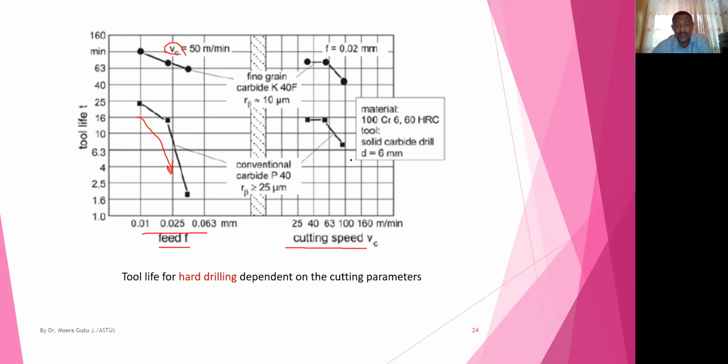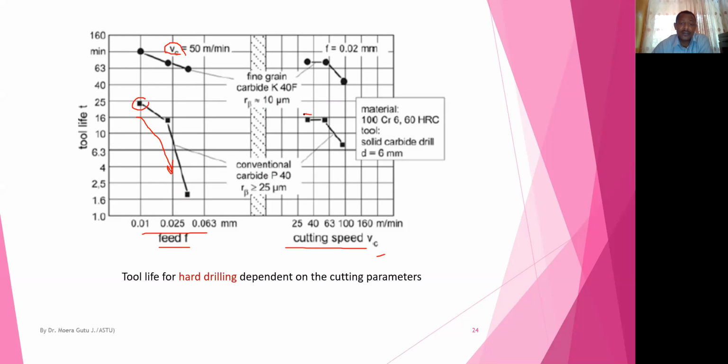As the cutting velocity increases, the tool life deteriorates. Even though for different materials, you will have an optimized cutting speed and optimized cutting feed for a given workpiece material. And you cannot say that the tool life is good here for this material.